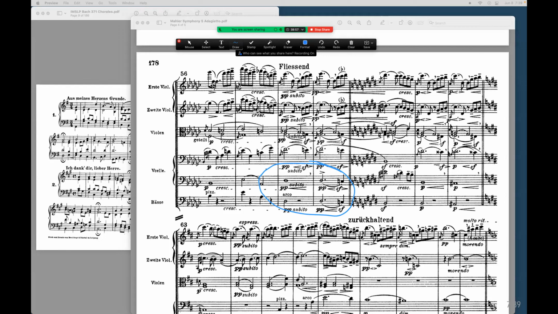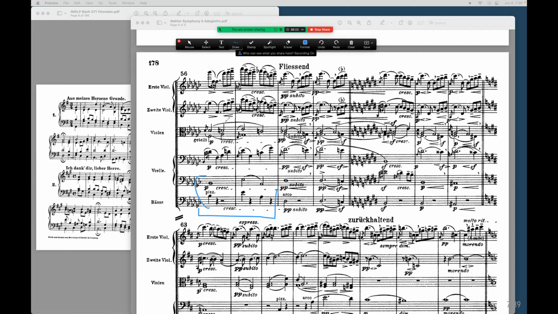Now, something that Mahler does all of the time in this movement, another very common usage, is that you have the cellos playing the sustained note and the basses doing pizzicato. If you just back up a couple of bars, you'll see this. Here's an example where they're doing this in unison.